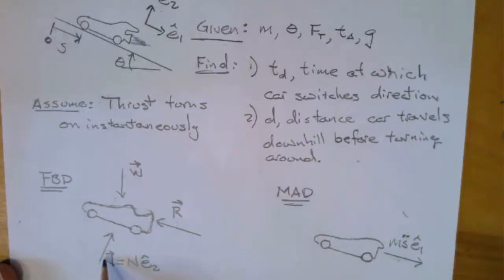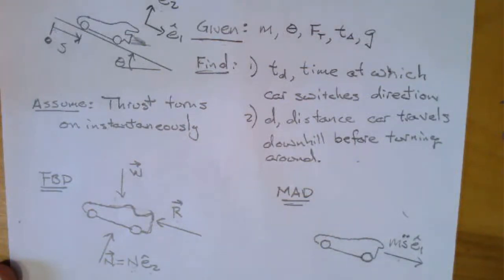The normal vector itself is a vector. It has an arrow over it. And I'm saying this is equal to n in the e hat 2 direction. So this n is a scalar n. These two n's are different n's. Here's a scalar n, here's a vector n. They're different things. But the scalar n, as I've written it, is the magnitude of the vector n. The vector e hat 2 times the scalar n is a vector itself, so this is all consistent.